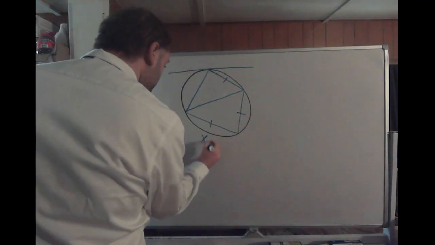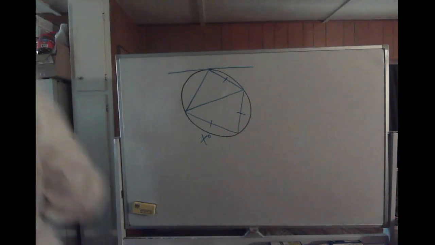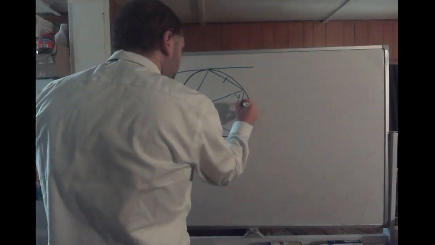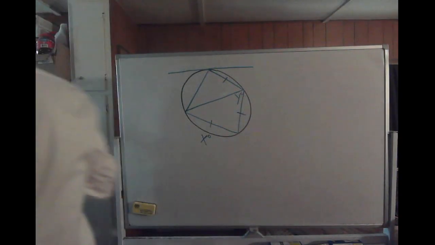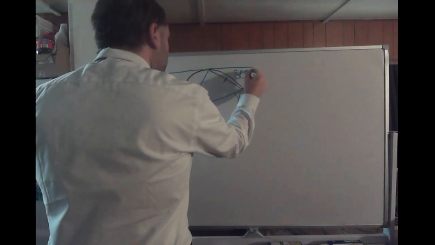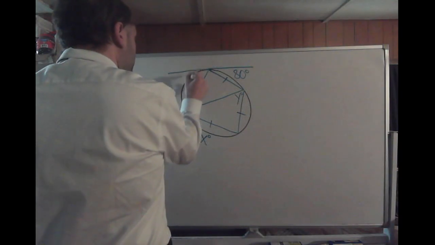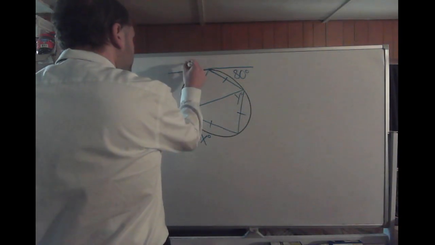This is x degrees. We're trying to find that. This angle here would be y degrees. This arc is 80 degrees. Then this angle here is going to be z degrees.